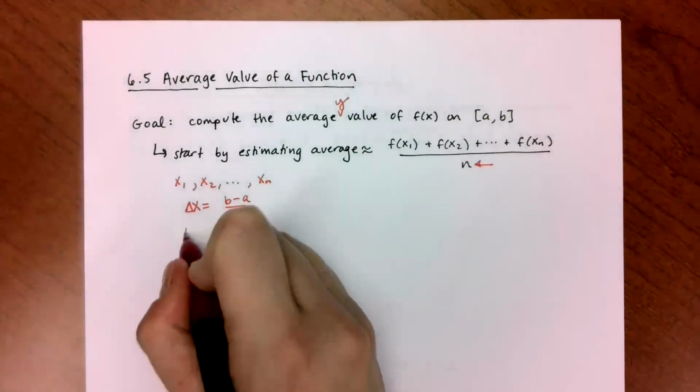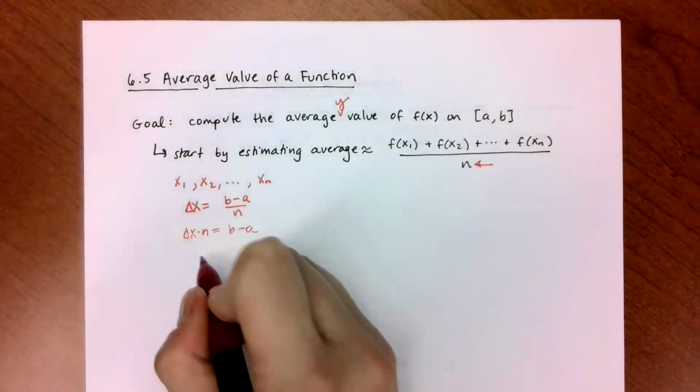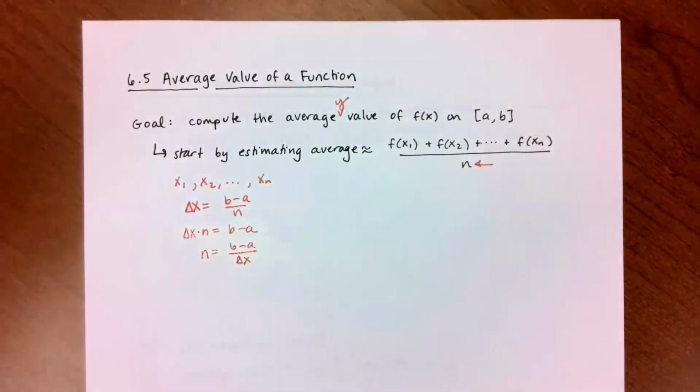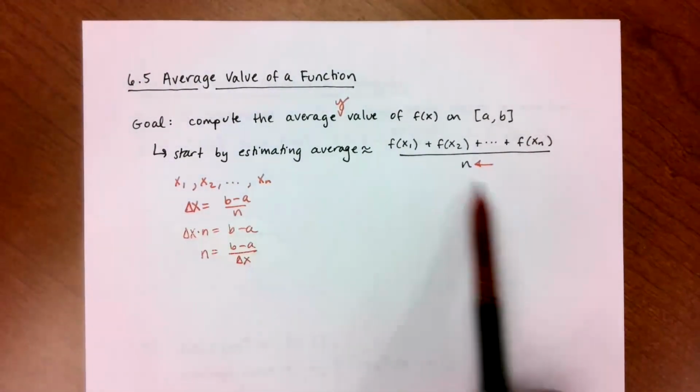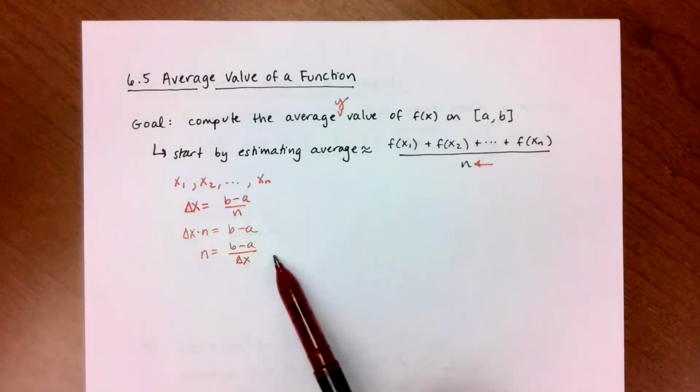So I'll multiply it onto the left-hand side and then divide both sides by delta x. Okay, so in the next step, I'm going to write the same average written out, but replace the n with (b minus a) over delta x.